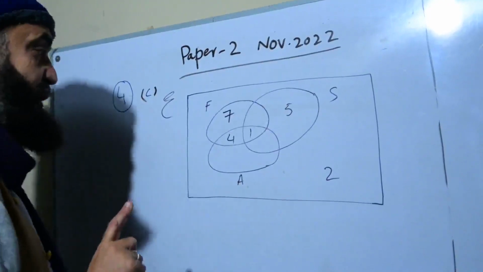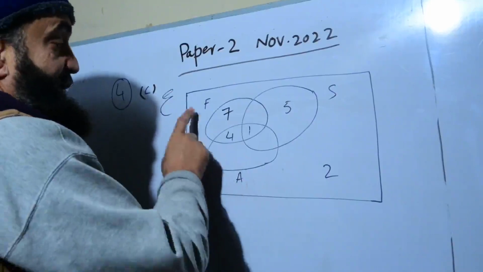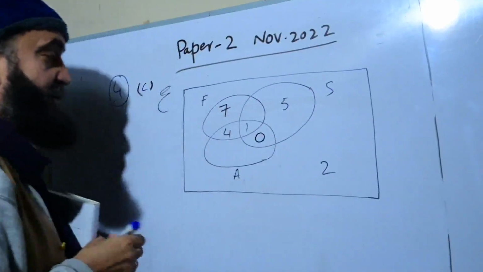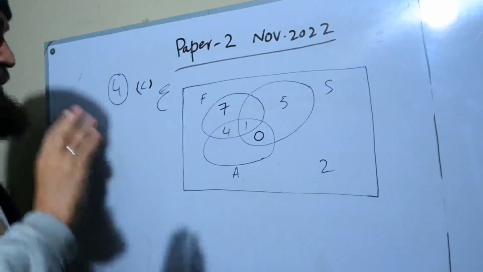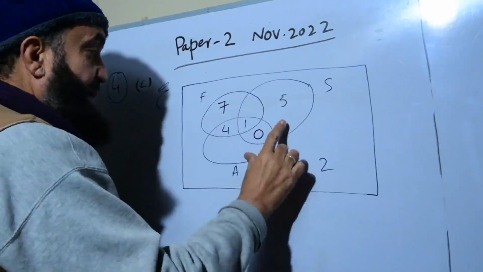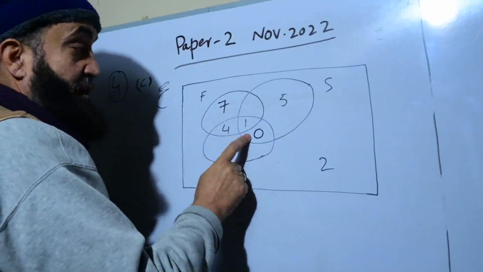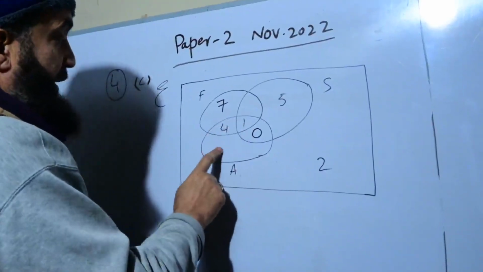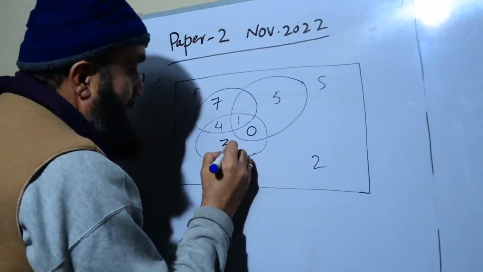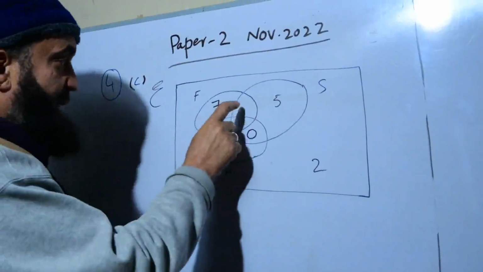There is no student who studies Arabic and Spanish but does not study French. So there should be 0 here. So 4 plus 1 is 5, and a total of 8 students study Arabic, so here should be 3.